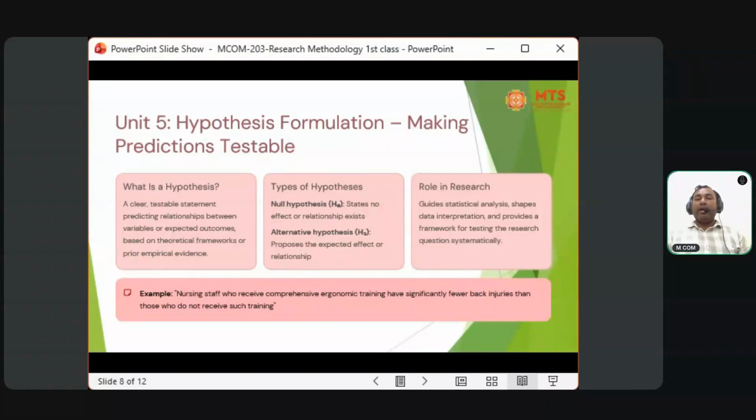An alternative hypothesis proposes the expected effect or relationship. Role in research: guides statistical analysis, shapes data interpretations, and provides a framework for testing the research question systematically.